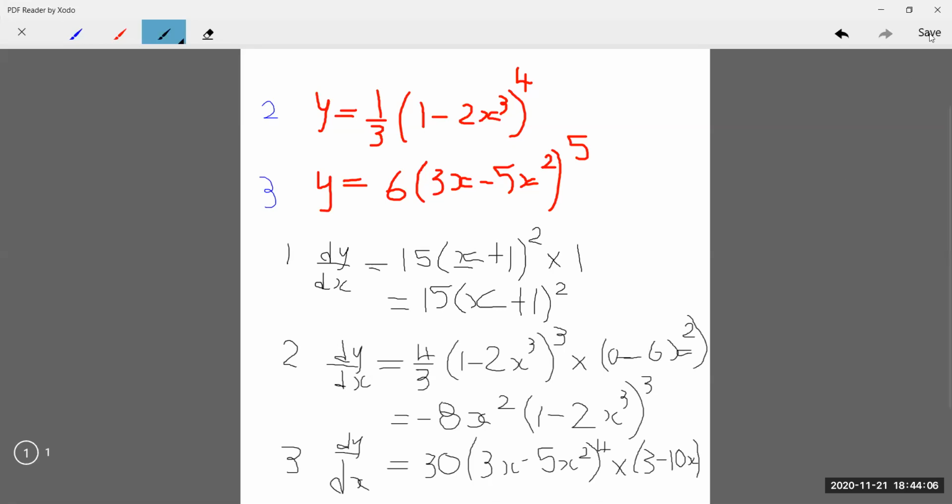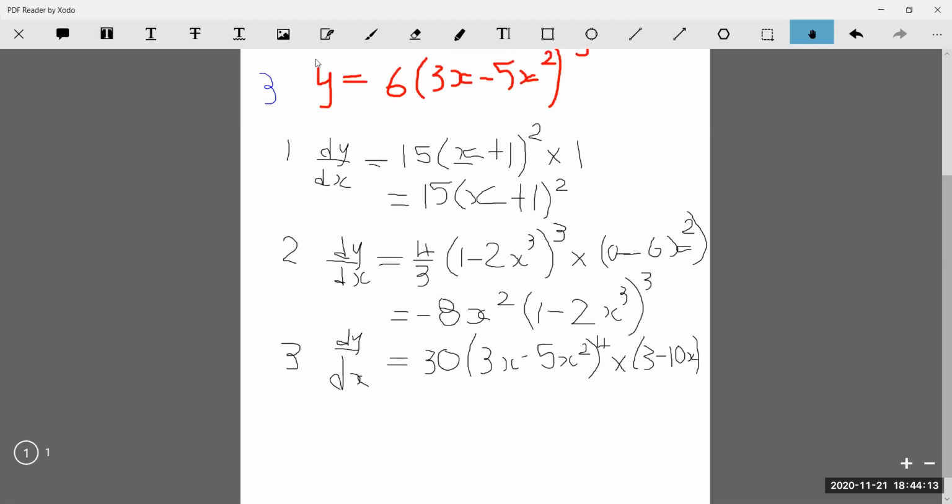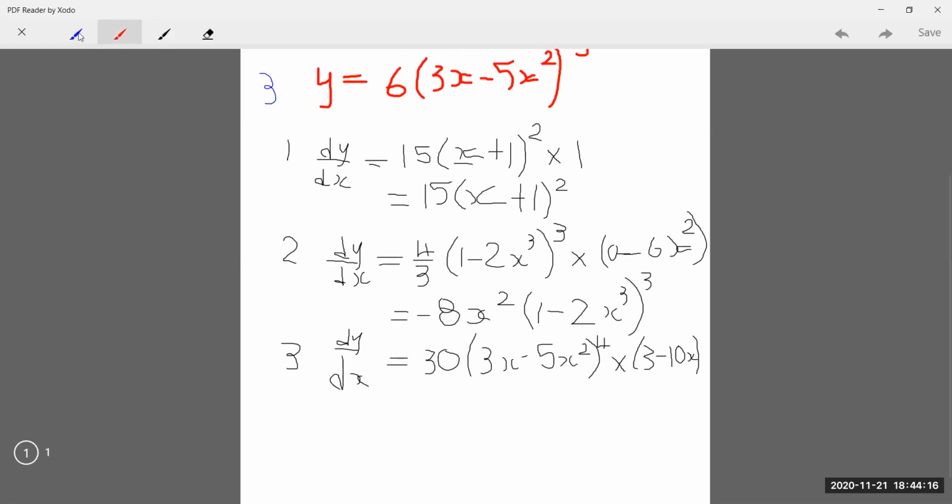So once you have it down to that, for the third one, do you have to break it down further? Yes. So 30 times 3 is what? That gives us 90, minus 30 times 10, which is 300x. So you get 90 minus 300x, in a bracket.